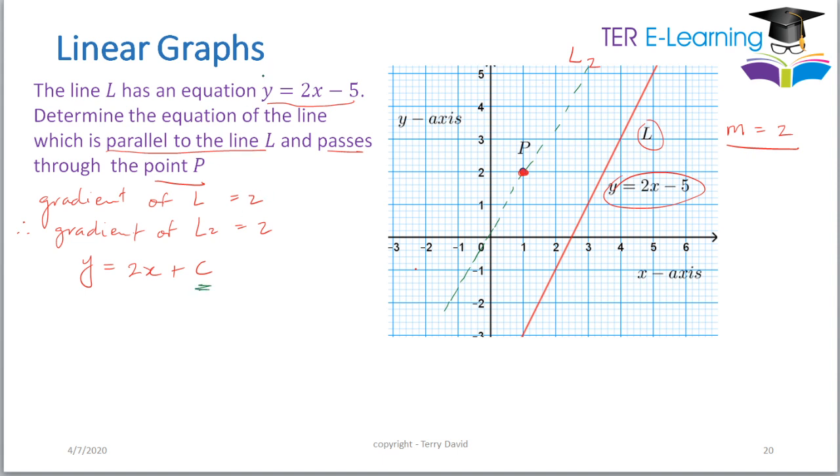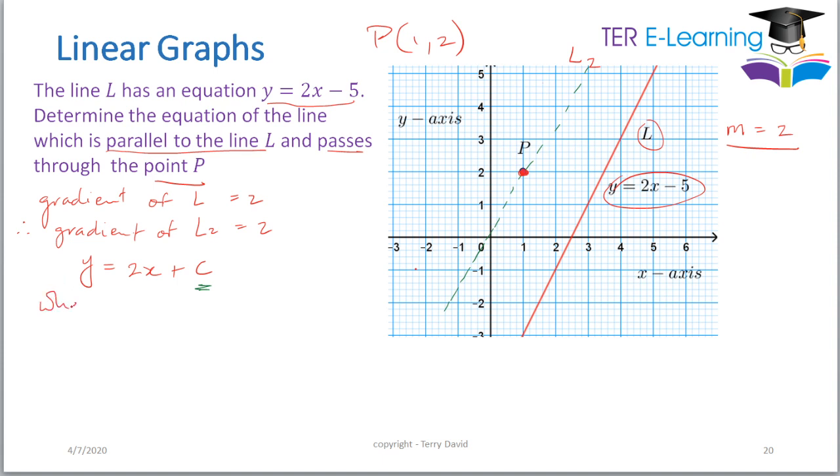In order to figure out what c is, we need to use the coordinates of P, right? So I think you all know how to read coordinates already. So P is equal to (1, 2). That's the coordinate of P. So what we're going to do now, we're going to substitute those values and try to figure out what c is.